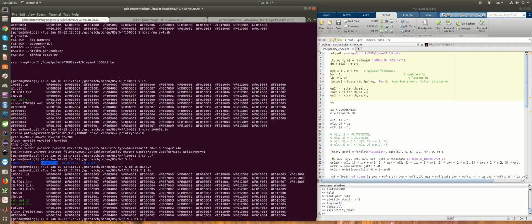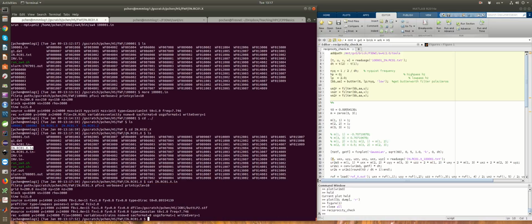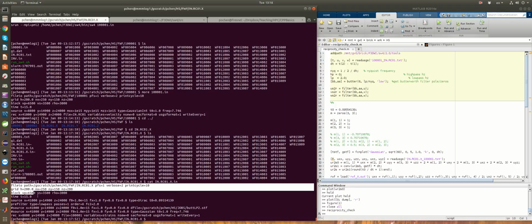It's kind of similar to the simulation that's for the explosive source. The important thing is to look at the input, right? Let's look at the input. So these lines are kind of similar.